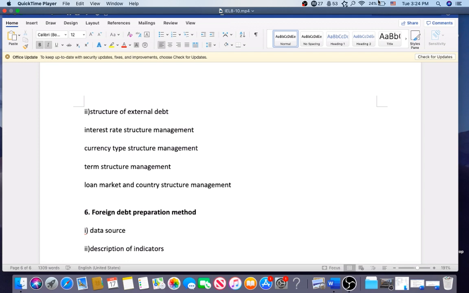The last is the loan market and the country structure arrangements. The optimization of market and country structure lie in the diversification of the financing sides.